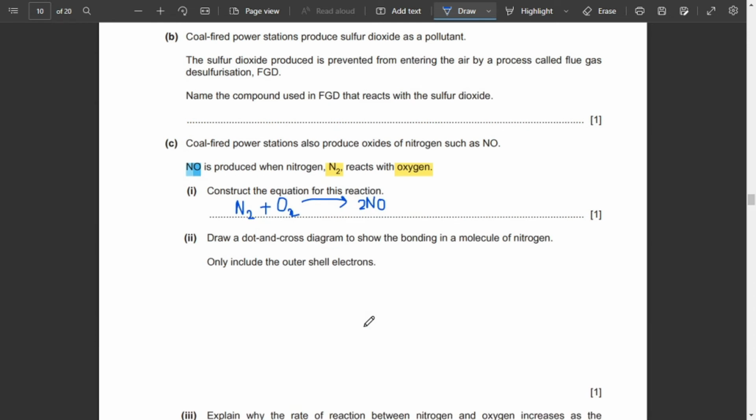Draw a dot and cross diagram to show bonding in a molecule of nitrogen, only include the outer shell electrons. So we need to show the molecule bonding of nitrogen, that is N2, and we are only supposed to mention the outer shell electrons in it. Let's start drawing it.